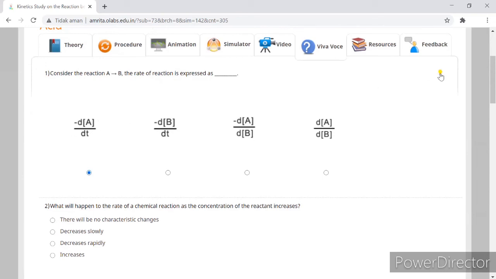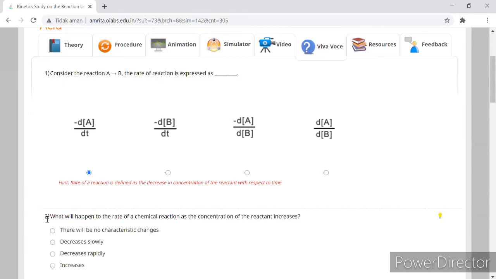And to make sure of the answer to the first question, we can click the lamp mark in here. Okay, rate of reaction is defined as the decrease in concentration of the reactant with respect to time.